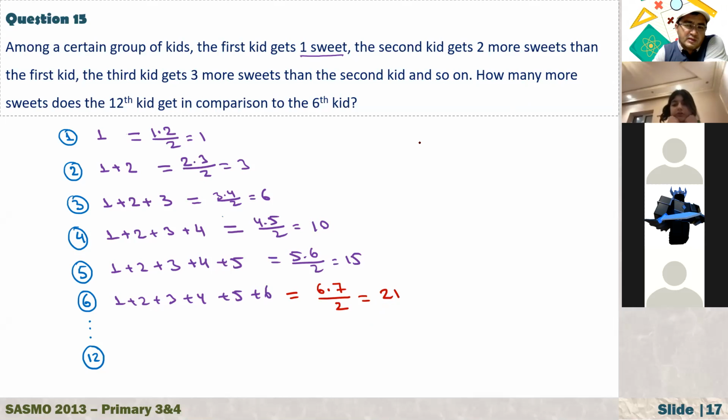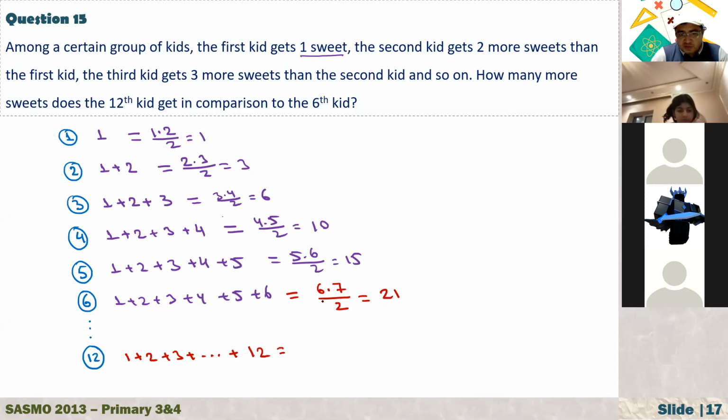Now, the question says: how many more sweets does the 12th kid get in comparison to the 6th kid, right? As you see the pattern, the first one is 1, the second one is 1 plus 2, the third one is 1 plus 2 plus 3. So the 12th one will be 1 plus 2 plus 3 plus dot, dot, dot. It just continues this pattern until 12. That means we need to find the sum of the first 12 natural numbers, right?